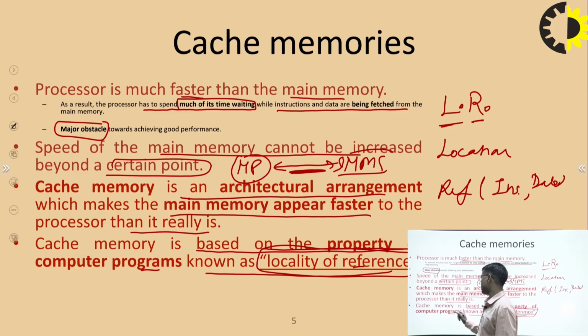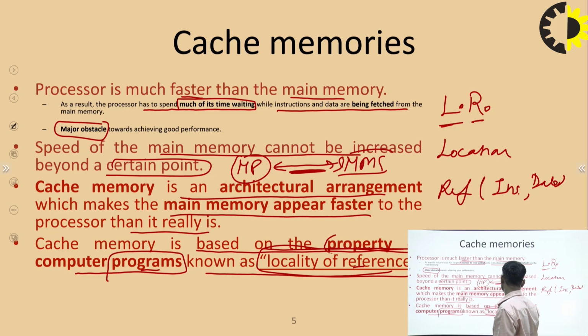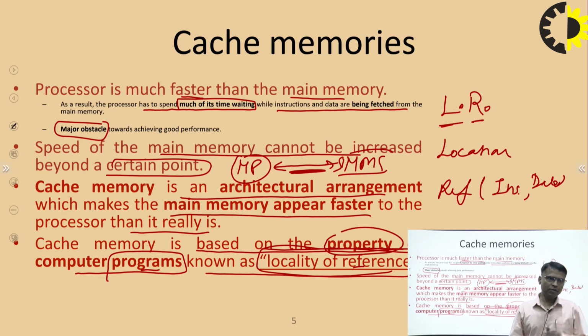Cache memory uses the principle of locality of reference, which says that computer programs have certain behavior, and that behavior is known as the property of computer programs. If we know the property of the program, we can easily identify the location of any reference that we will require in the future.